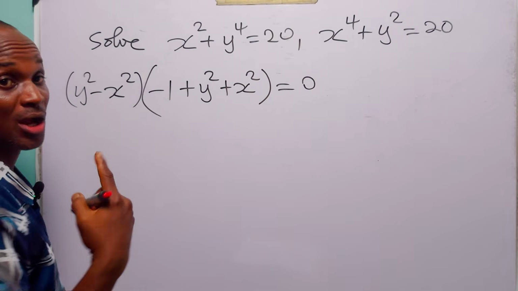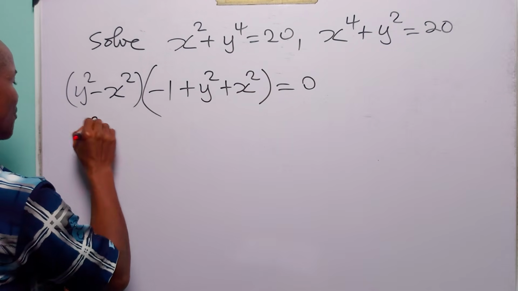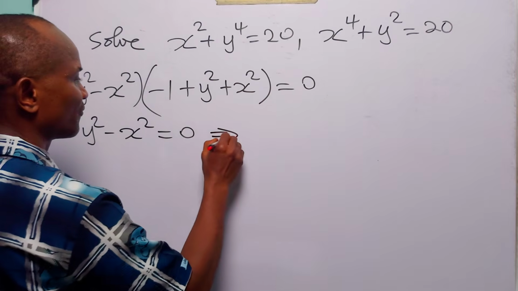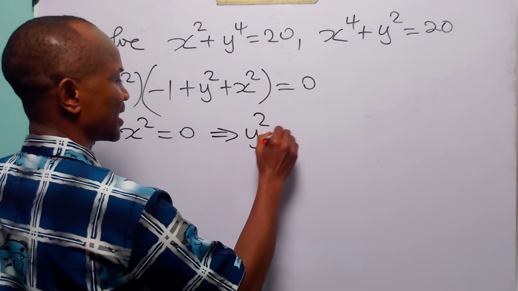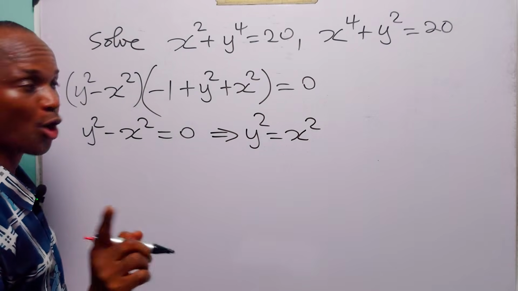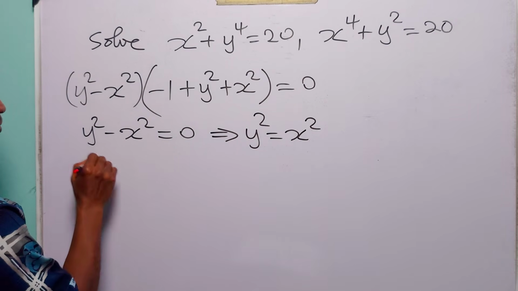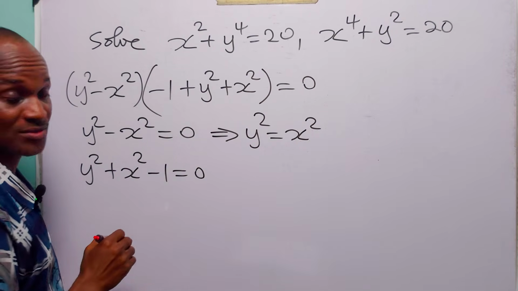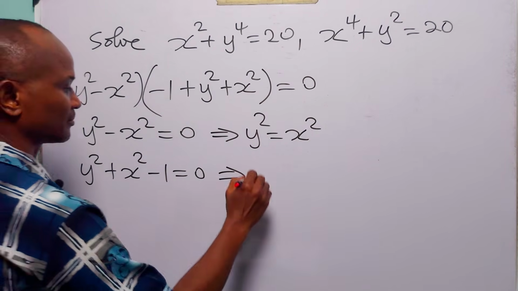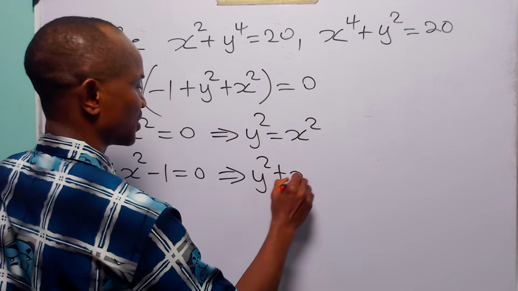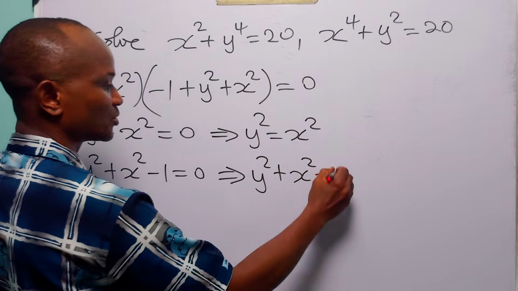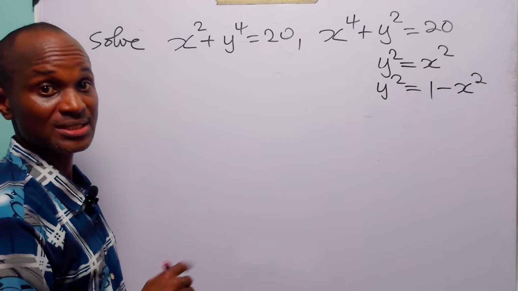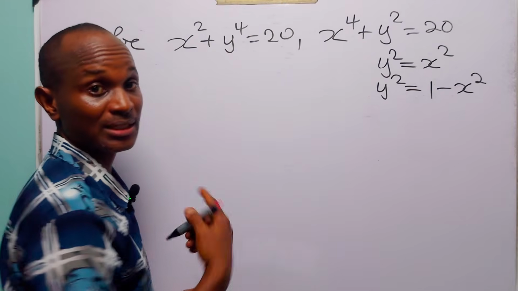And from this equation, we have that either y squared minus x squared is equal to 0, from where y squared is equal to x squared, or y squared plus x squared minus 1 is equal to 0, from where y squared plus x squared is equal to 1. Now, having arrived at these two conditions, let us go back to any of the original equations.